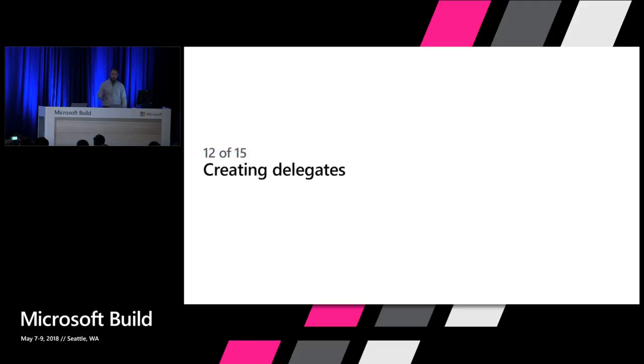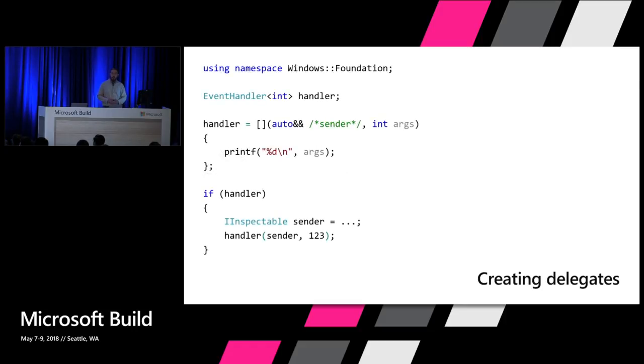And as we wrap up, I want to talk about creating delegates and events. So creating a delegate in Windows Runtime is just an interface as well, but obviously a delegate maps to something more along the lines of a std function. It's a callable or invocable type. And so we make it very straightforward to actually implement those without having to go and implement an interface.